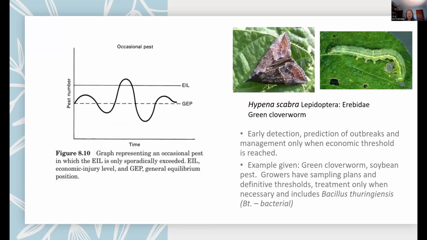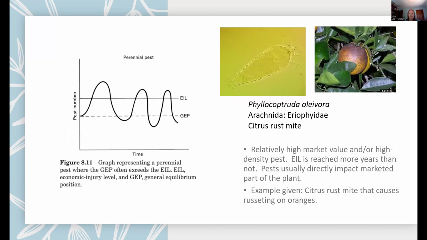Where something like this green clover worm, it's a soybean pest, it does sporadically pop up over the economic injury level. And so you would want to pay attention to the threshold in this case and maybe do some sampling so that you know if you need to treat. Another example is this citrus rust mite.